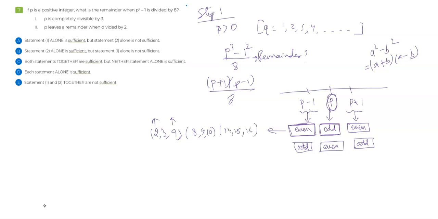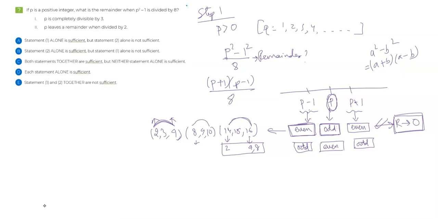So you take any case, you'll notice one of them is definitely divisible by 2, the other is definitely divisible by 4 and sometimes 8, depending on what you're taking. But the idea is that p minus 1 and p plus 1, when you multiply them, take any case, are always divisible by 8. And in this case, if p turns out to be odd, the remainder is 0 every time.